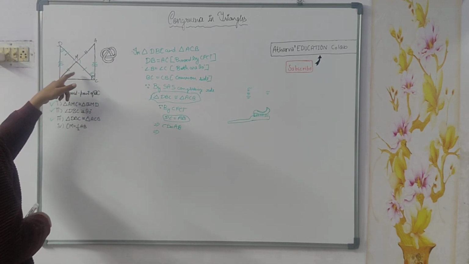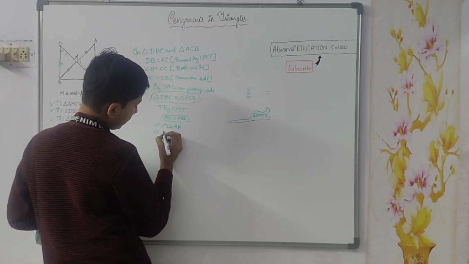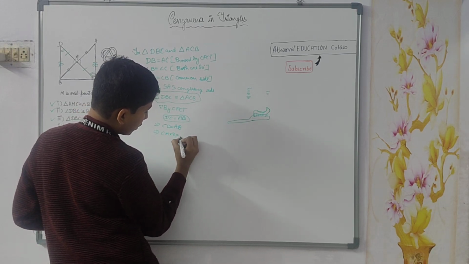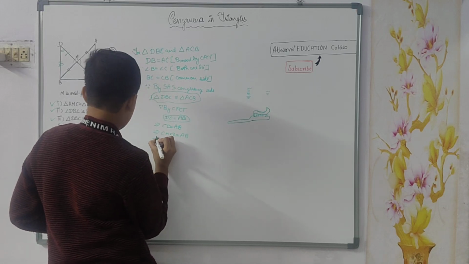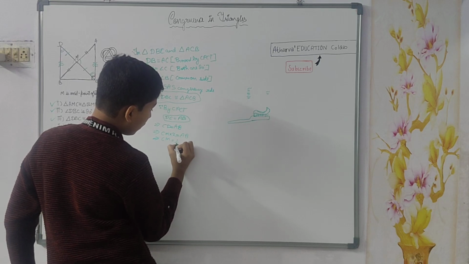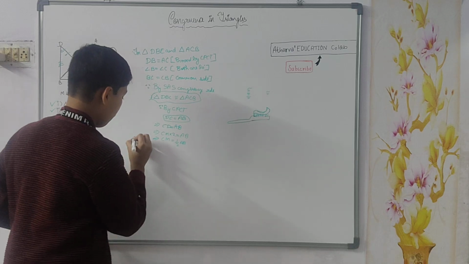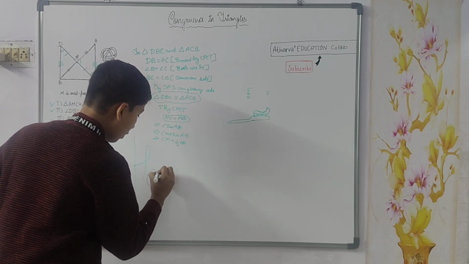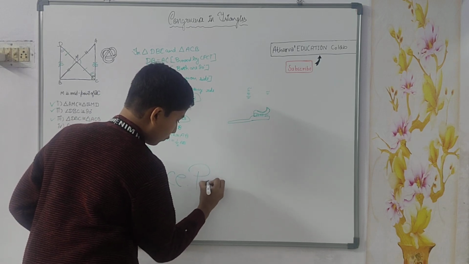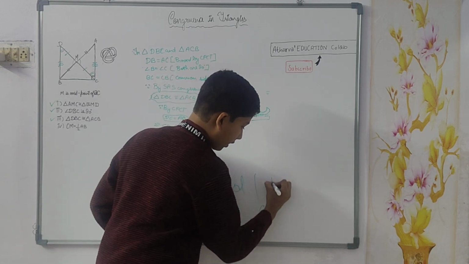CD can be written as 2 into CM, because CM and MD are equal. So CM into 2 equal to AB. Therefore, CM equal to half AB. Now you will write, hence proved. Yay.